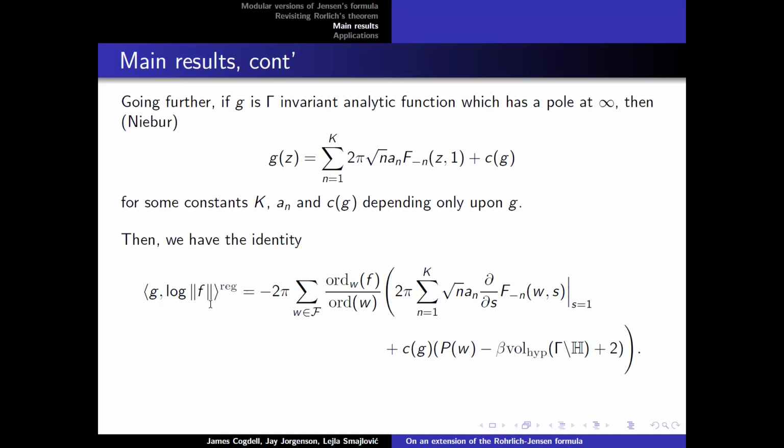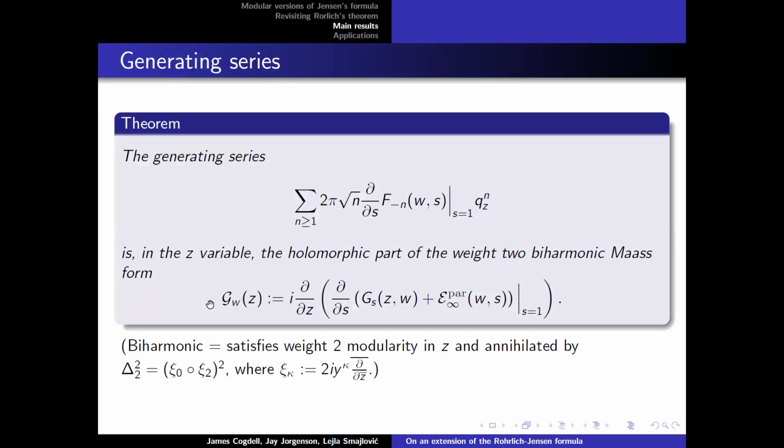Okay, so in this paper, we did go further. We also looked at the generating series for this interesting function that popped out as a regularized inner product, where q_z is e to the 2 pi i z. So the generating series is a function of two variables, z and w.